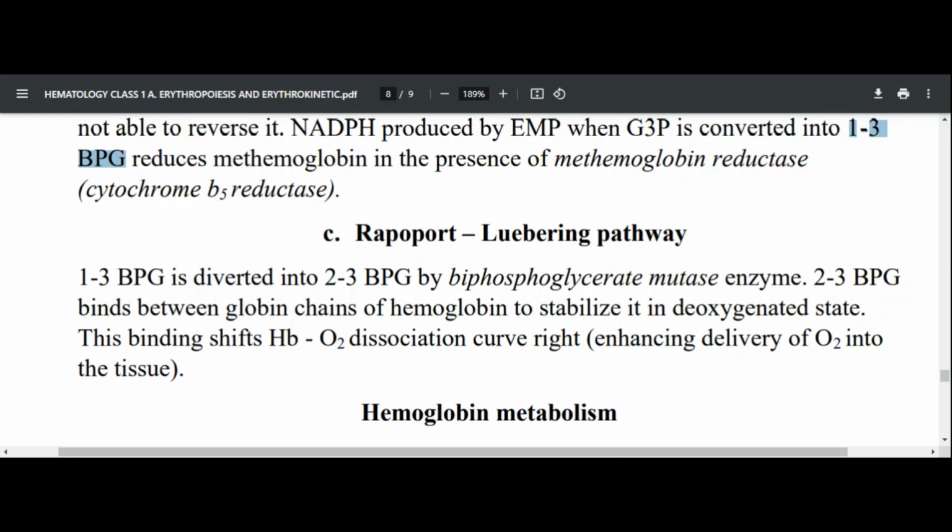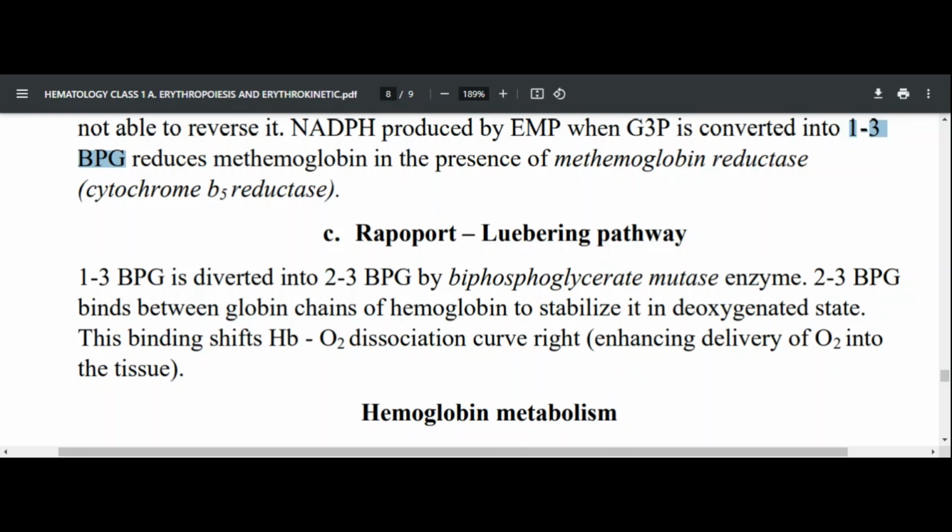2,3-bisphosphoglycerate is a very important molecule. Without 2,3-bisphosphoglycerate, there will be no oxygen delivery in tissues. So 2,3-bisphosphoglycerate assists in oxygen delivery in tissues and stabilizes the deoxygenated hemoglobin.